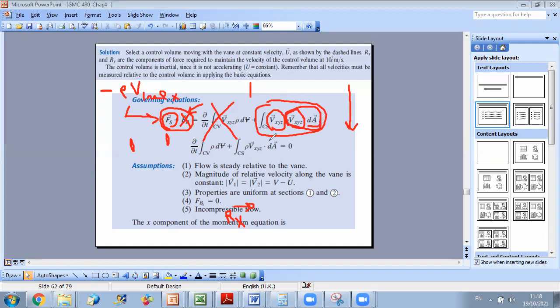When you integrate, since V is constant, the integral of dA is A. So you get minus rho V1 relative x squared times A1. This is the momentum flux at the inlet. Keep in mind that you are projecting along x.